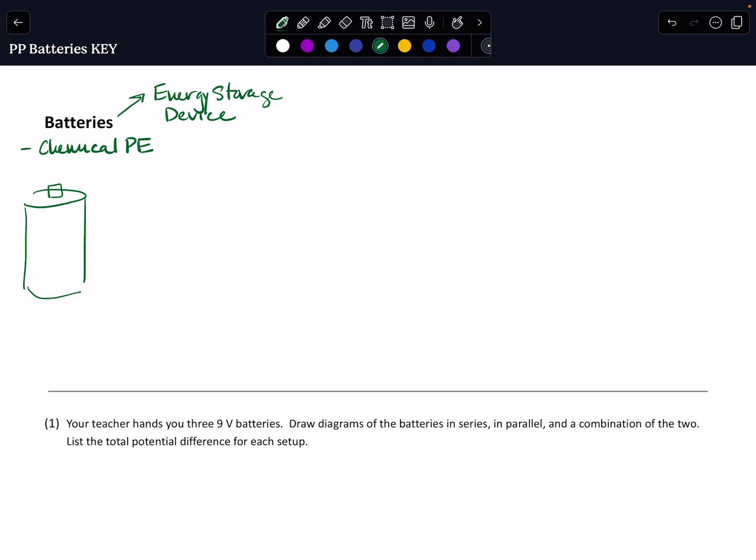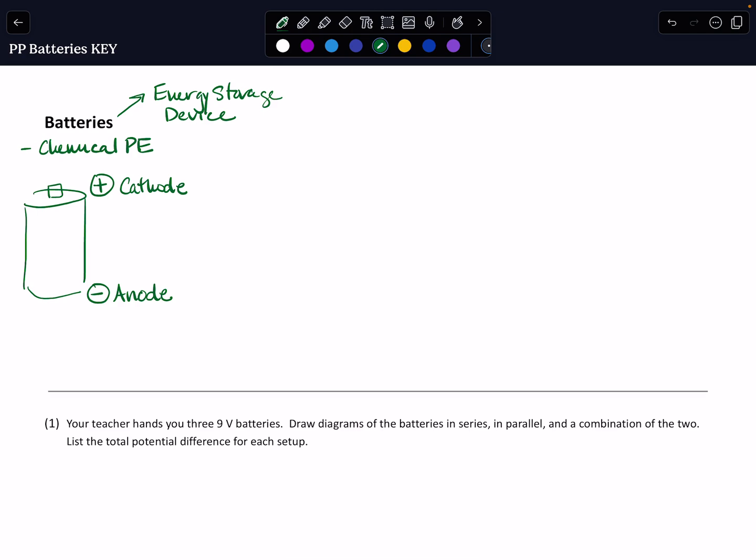So a battery we know is cylindrical in shape for the most part. There are obviously other shapes. It's got a positive end, the positive terminal, and we call this the cathode. And then it's got a negative end, which we call the anode. A chemical reaction occurs at each electrode within the battery.